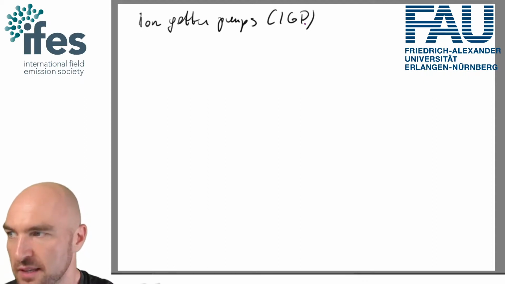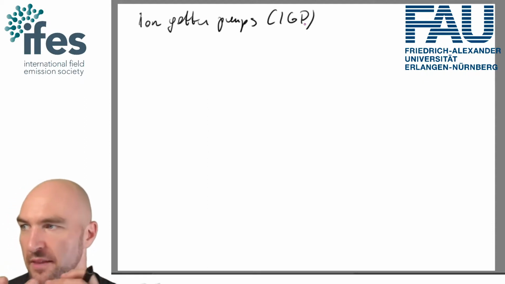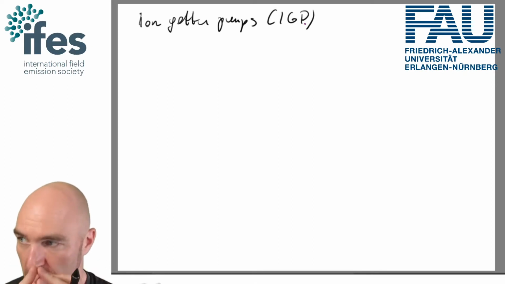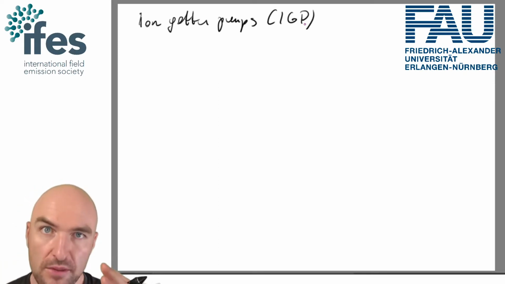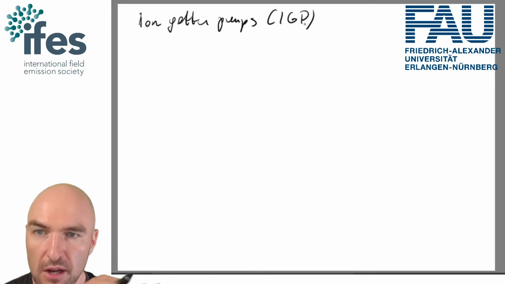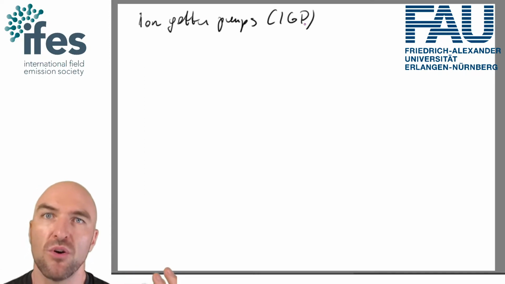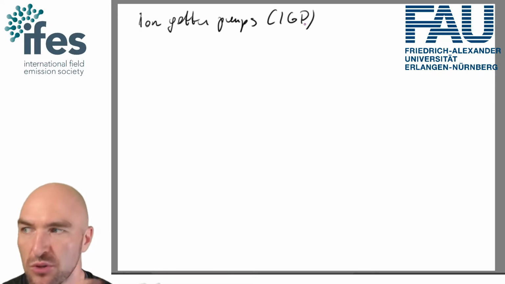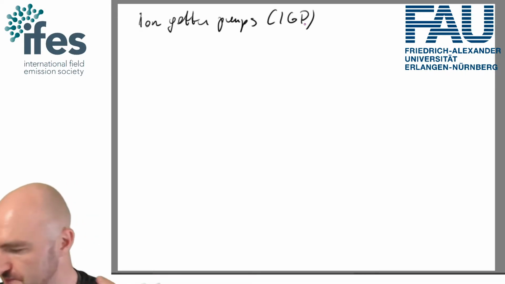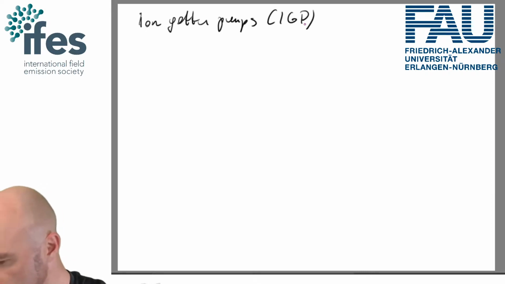That gives us chemisorption. So we combine the action of what we had with the titanium sublimation pumps and the non-evaporative getter pumps with a method to essentially bury also non-reactive ions, non-reactive elements. And the way the whole thing works is that we have an anode and a cathode.